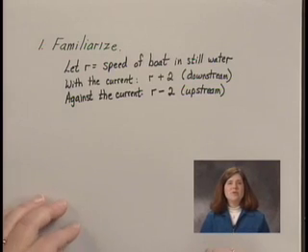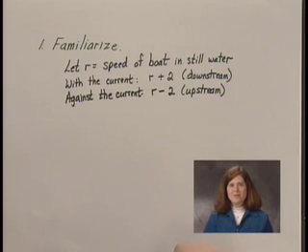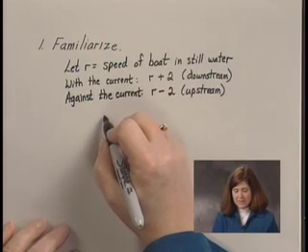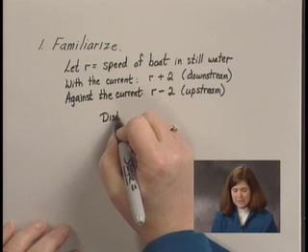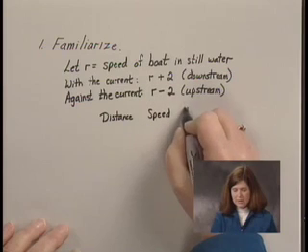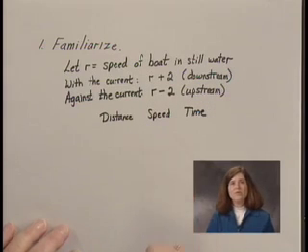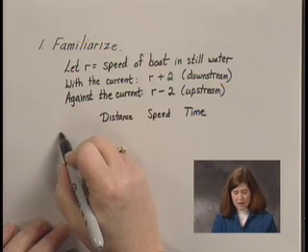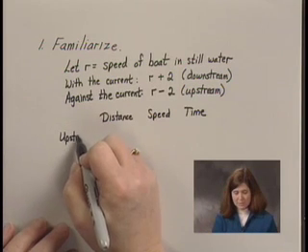Now, whenever we have a motion problem, we should organize our information in a table. The columns of the table can be distance, speed, and time. And the rows can be the different motion situations we're looking at. In this case, we can call them upstream and downstream.